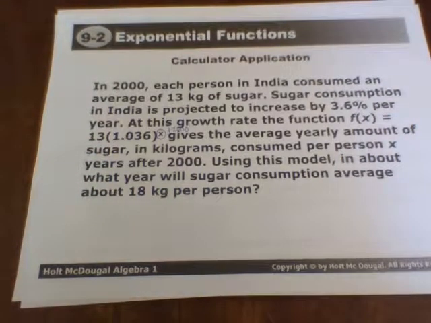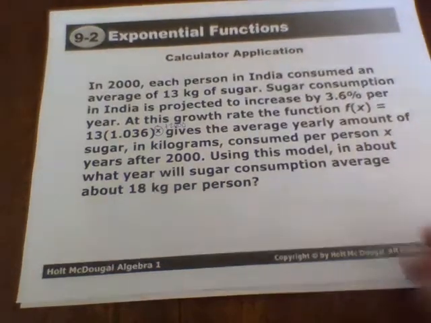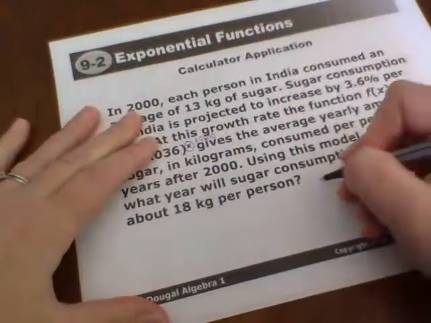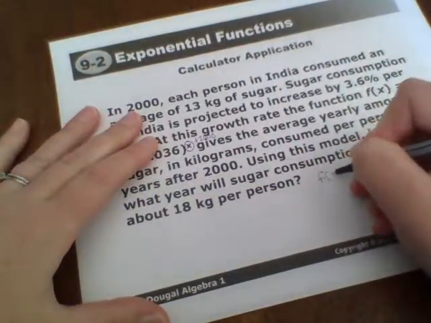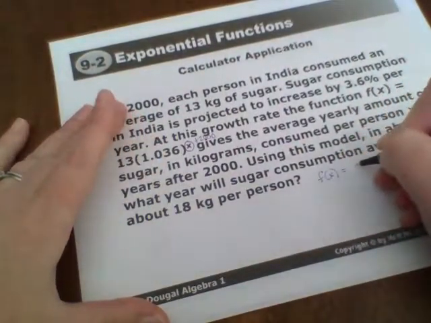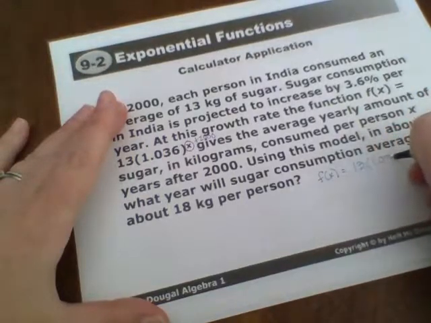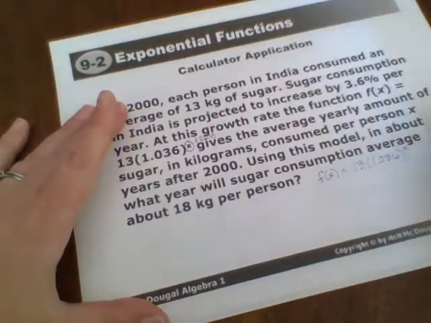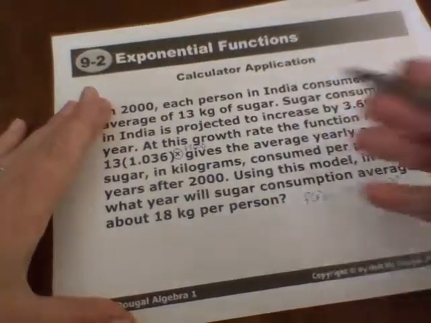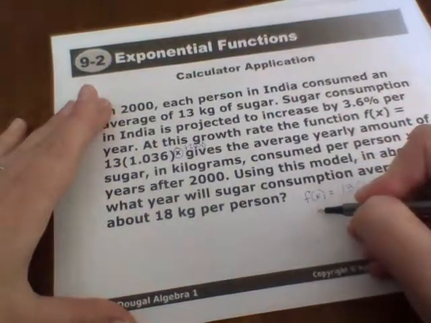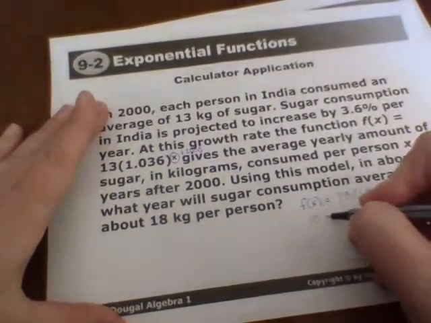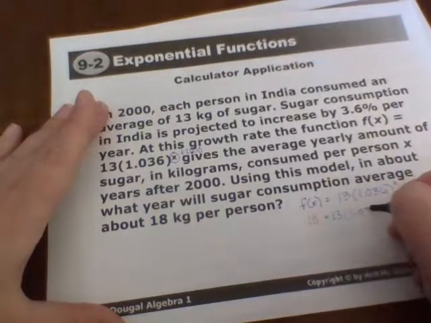So if we write the equation, f of x equals 13 times 1.036 to the x, what they want you to do is technically plug in an 18 right here and then solve.